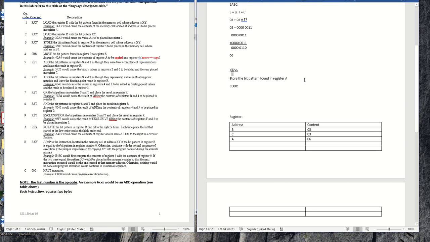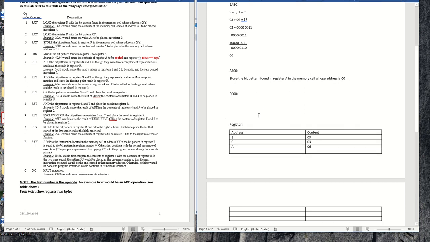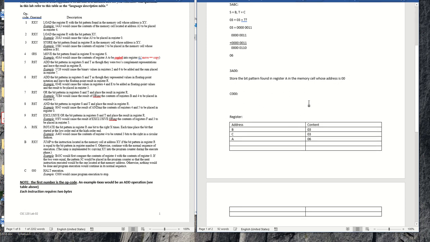In the memory cell whose address is 00. So now we're actually storing that bit pattern. So the bit pattern found in register A, that's what we just calculated, so 06, in the memory cell whose address is 00. So this is where it can get really tricky, because now we're not actually storing something in the register, we're storing something in a memory cell.